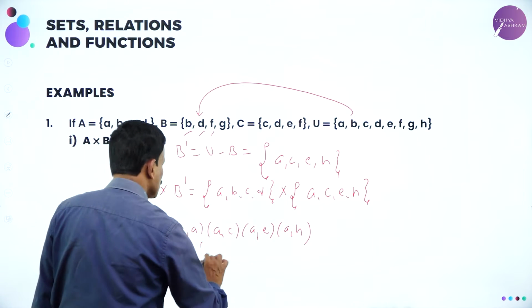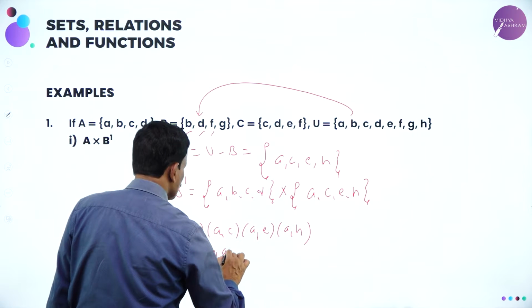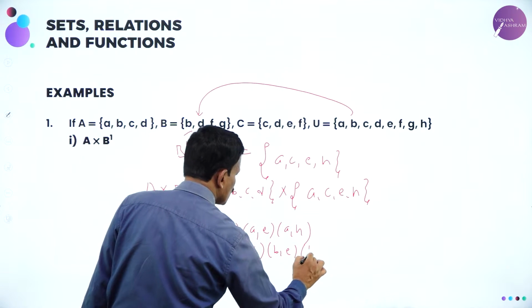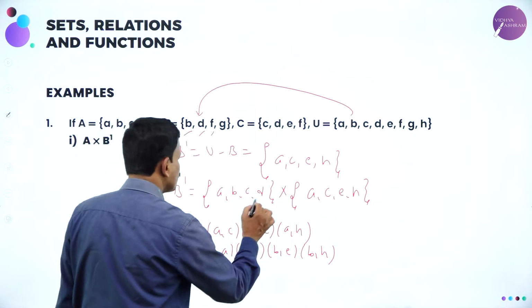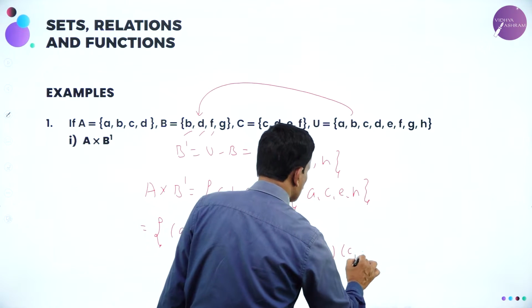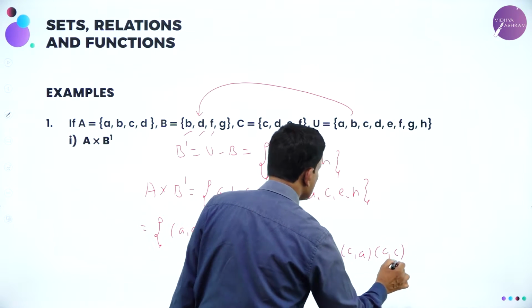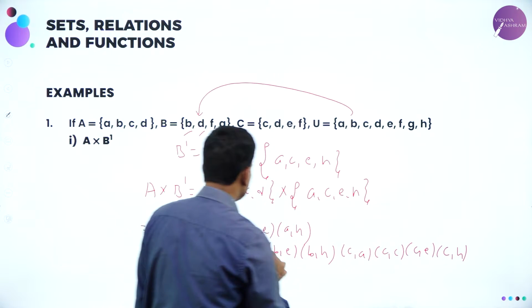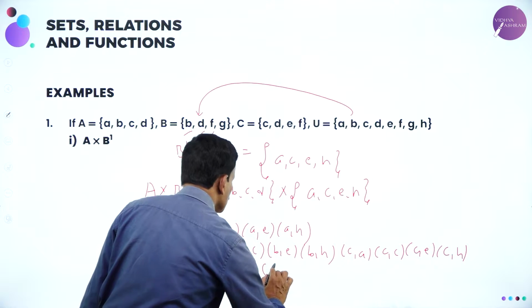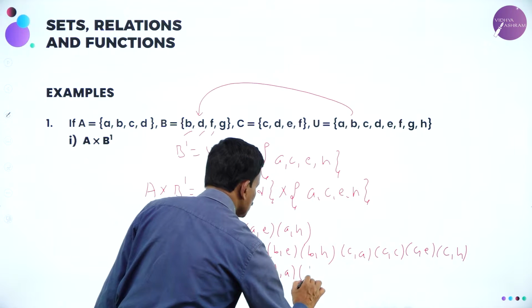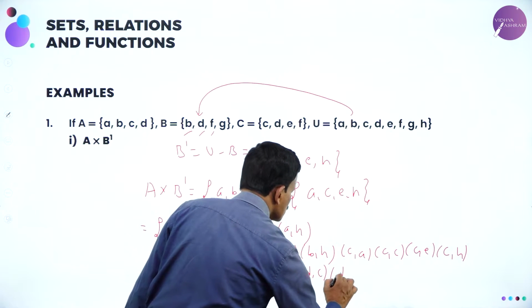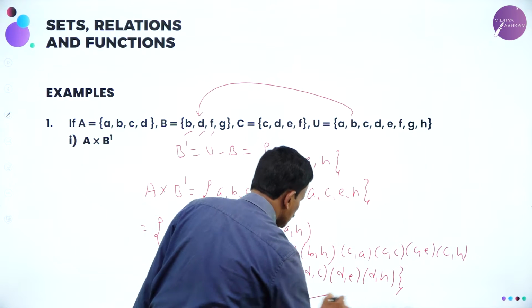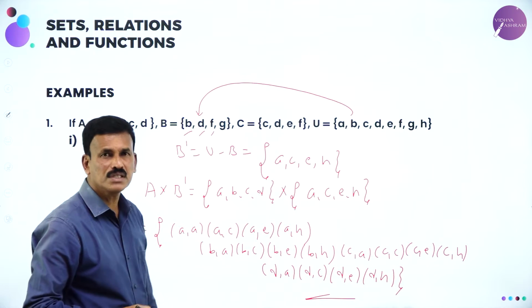Now, take b: (b, a), (b, c), (b, e) and (b, h). Then afterwards take c: (c, a), (c, c), (c, e) and (c, h). Then the last element d: (d, a), (d, c), (d, e) and (d, h). So, these are the elements of A cross B dash, that's it.